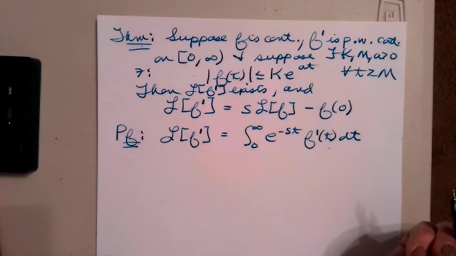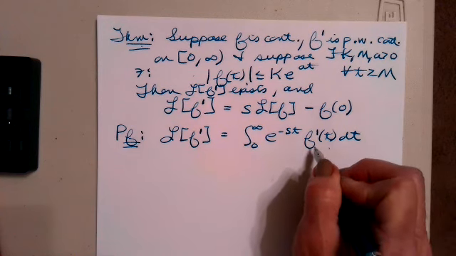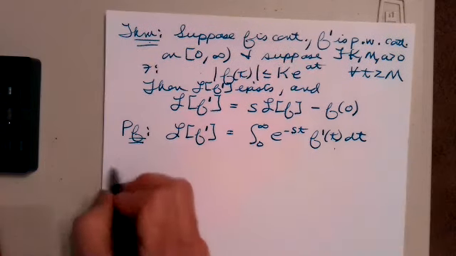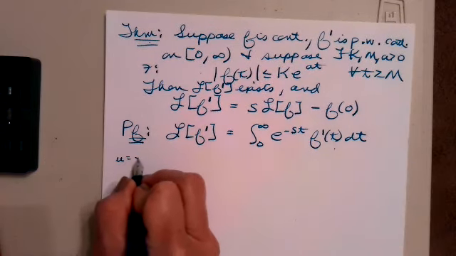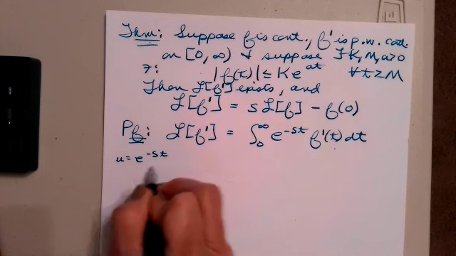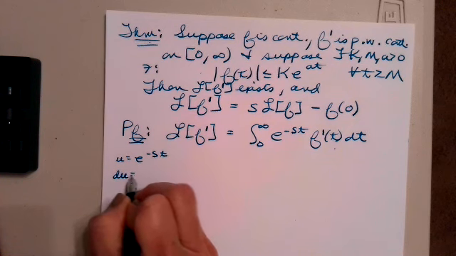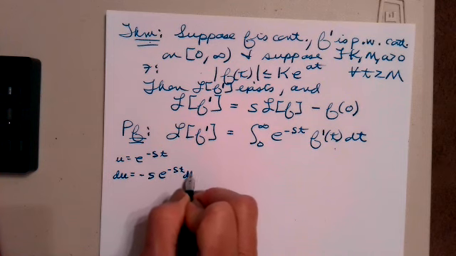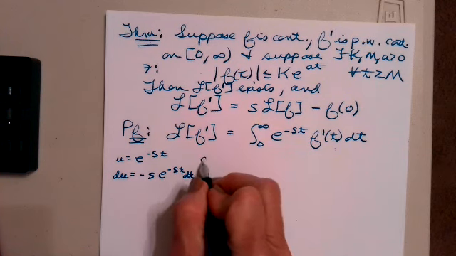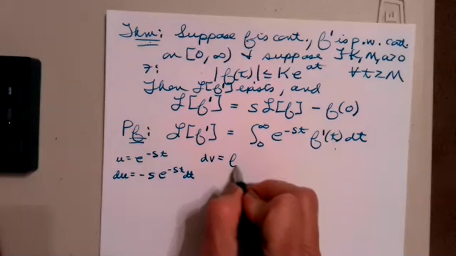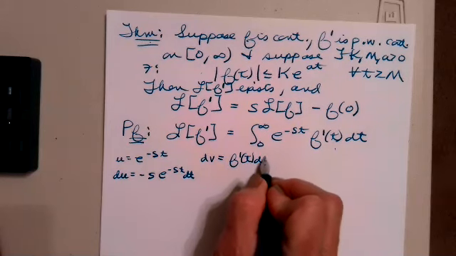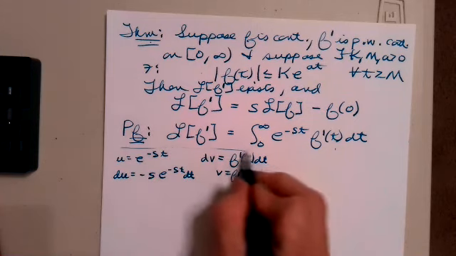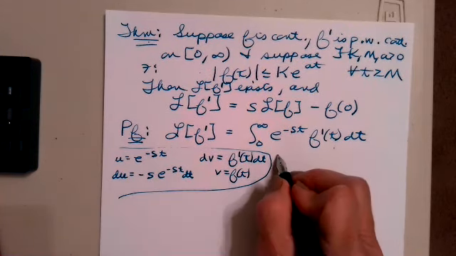So now I don't know what else to do with this. I'm going to integrate by parts. And when I do my integration by parts, I'm going to integrate the f prime, but I'm going to differentiate this guy. So I'm going to let u be e to the minus st, and then du is minus s e to the minus st dt. And I'm going to let dv be f prime of t dt. Then v is f of t. Okay, so that's my integration by parts substitution.